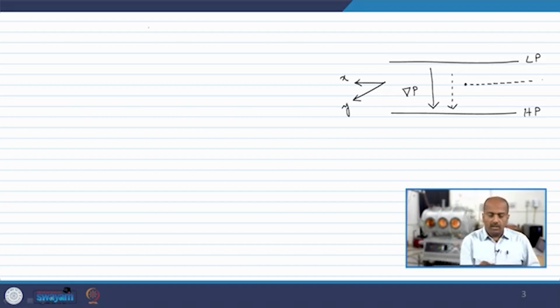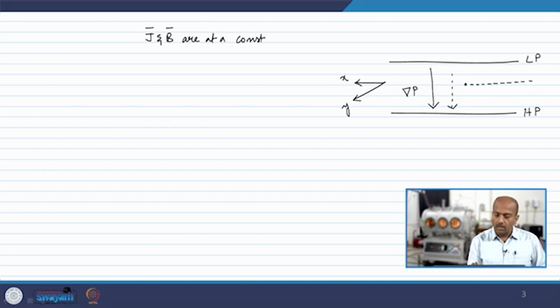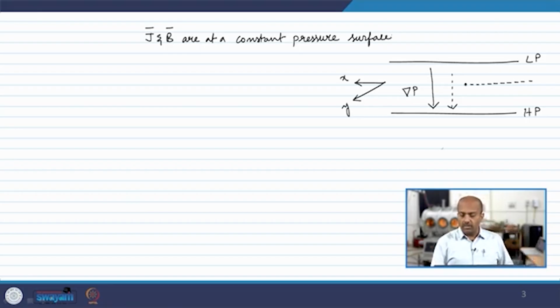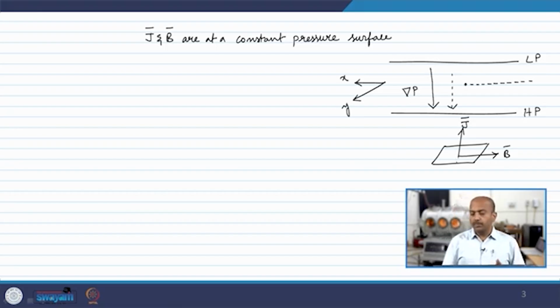So, we can imagine J and B vectors are at a constant pressure surface. Within this constant surface, you can expect the J vector to be like this and the B vector to be like this, with the understanding that the pressure gradient is perpendicular to both of them.